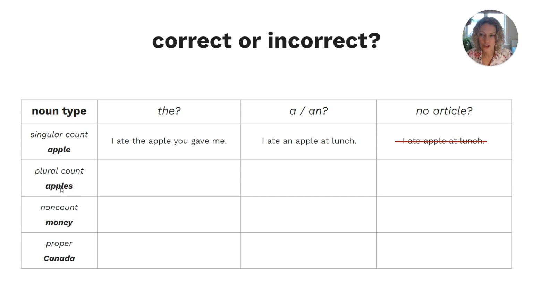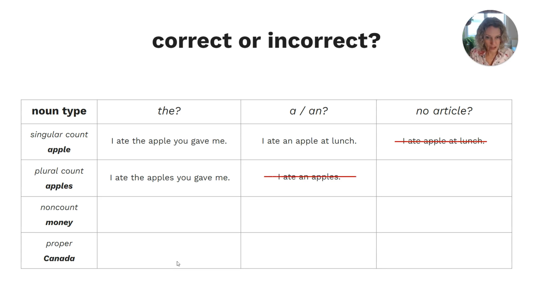Okay, let's move on to plural count nouns like apples. Can you say, I ate the apples you gave me? Yes, you can, because you can use the with plural or singular nouns. How about I ate an apples?